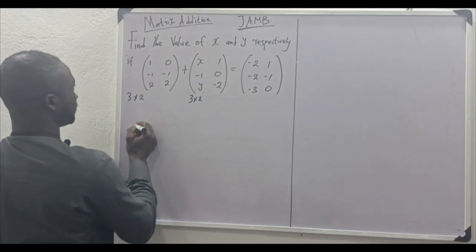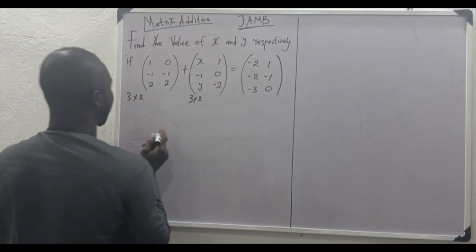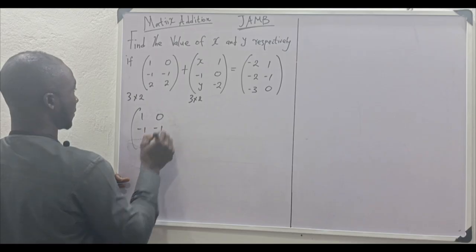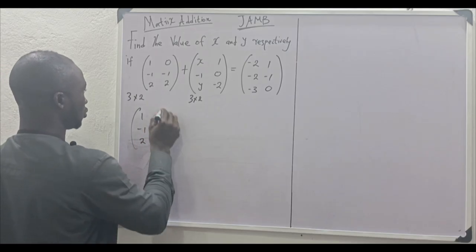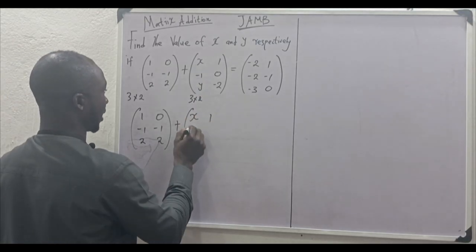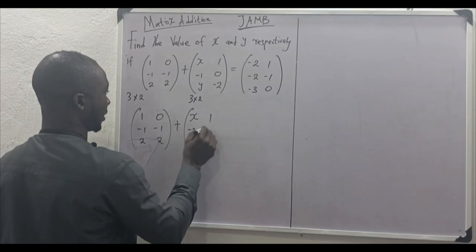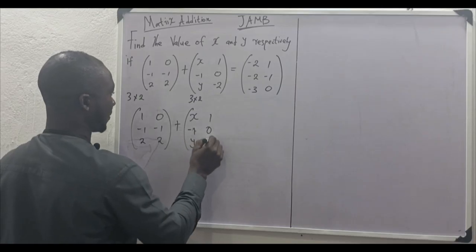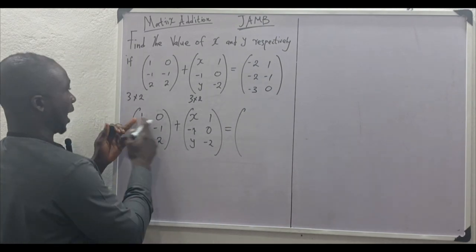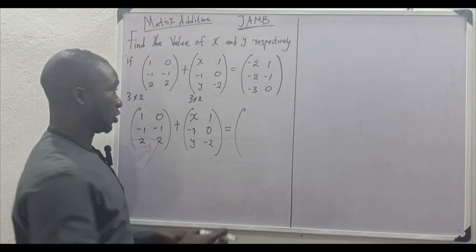Let's focus on this part first: 1, 0, minus 1, minus 1, 2, 2, plus this matrix, x, 1, minus 1, 0, y, and minus 2. We are adding elements in the same position.